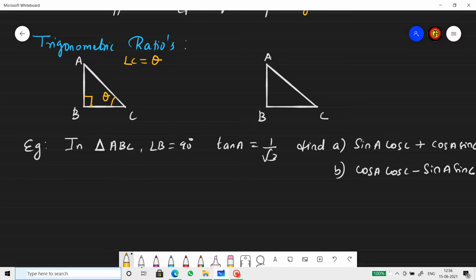The side that is opposite to theta is called the opposite side. The side that is opposite to 90 degree is called the hypotenuse side. And the base is called the adjacent side.